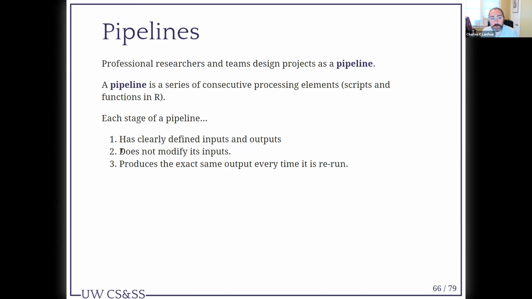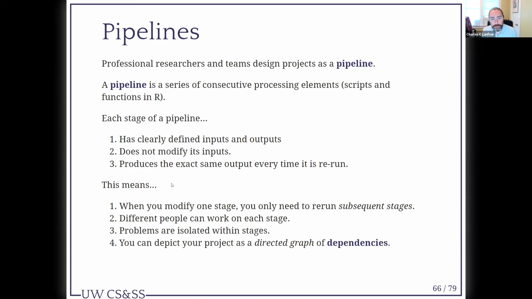The stages do not modify their inputs in any way, and they produce the exact same output every time they are rerun. So they're little modules that do one task. They take in the same kind of thing, and they spit out a different kind of thing, but it's always the same type of thing taken in and the same type of thing coming out.